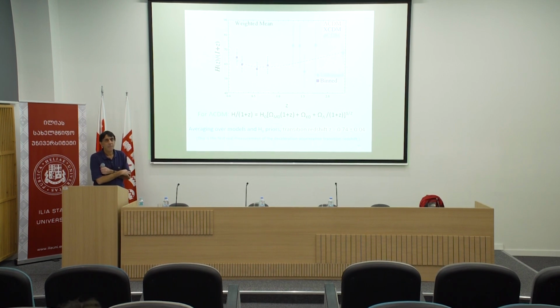I'd like to ask you about the XCDM models. The lambda CDM is a particular case of the parameterized XCDM models, sure. But why do you usually investigate this model?